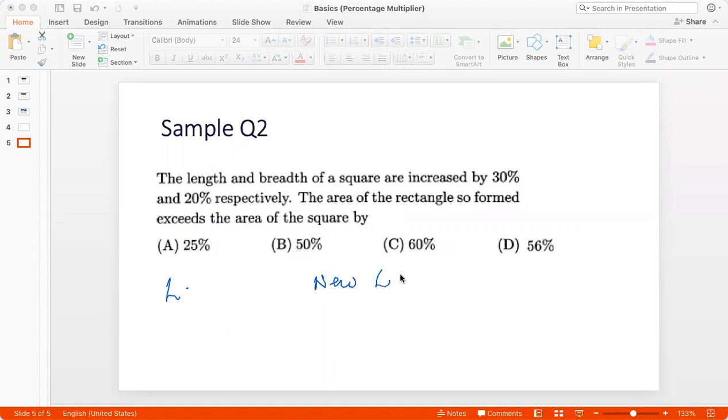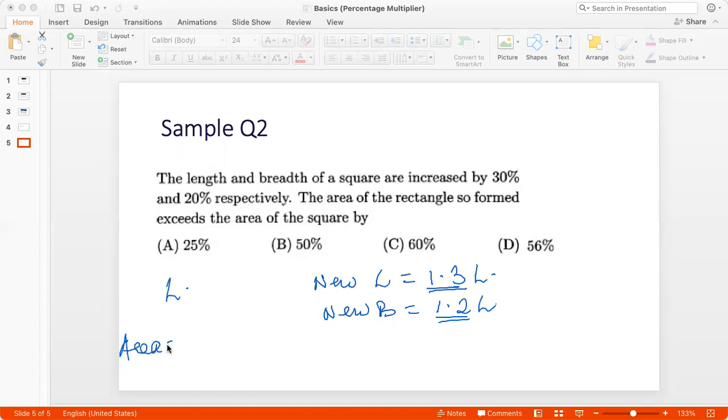So my new length would be 1.3L, right? And my new breadth would be 1.2L, because the side was the same. So for the new length I've used a multiplier of 1.3, and for the new breadth, the multiplier is 1.2.